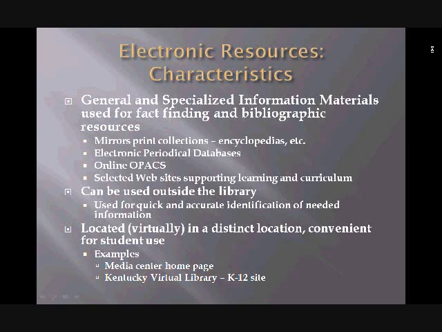And typically electronic resources will be located in a distinct location, which is convenient for student use. For example, you can include electronic resources on the Media Center homepage and/or bookmarks for specific sites such as the Kentucky Virtual Library and/or any other K-12 oriented site.